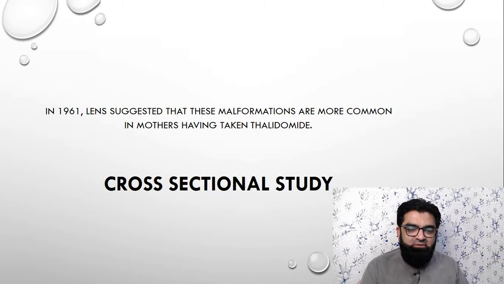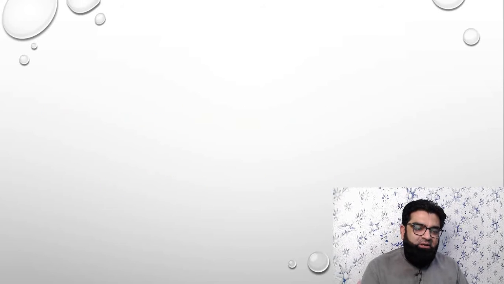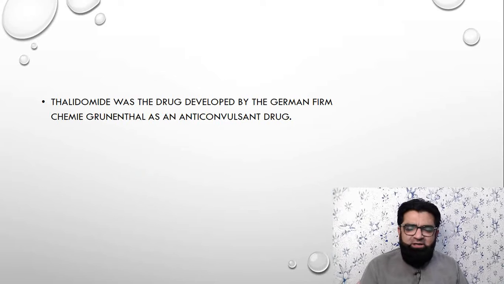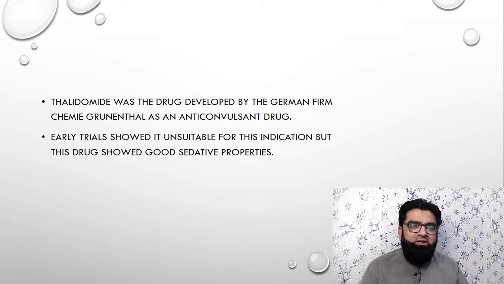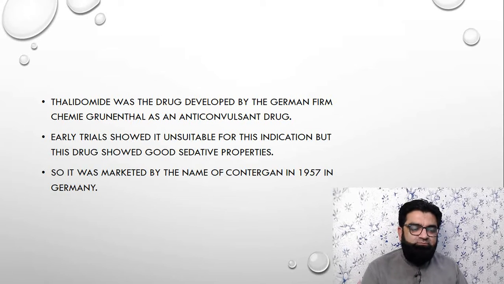So what Lenz did was a cross-sectional study. A little bit about thalidomide. Thalidomide was a drug developed by a German firm as an anticonvulsant, but early trials showed it unsuitable for this indication, though the drug showed good sedative properties.